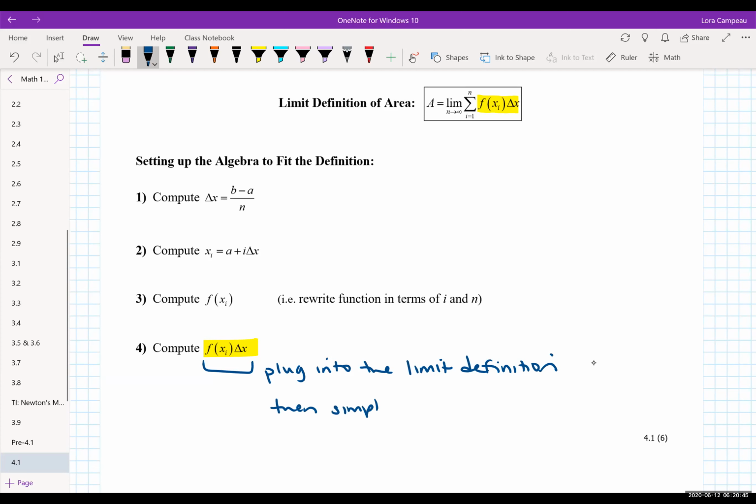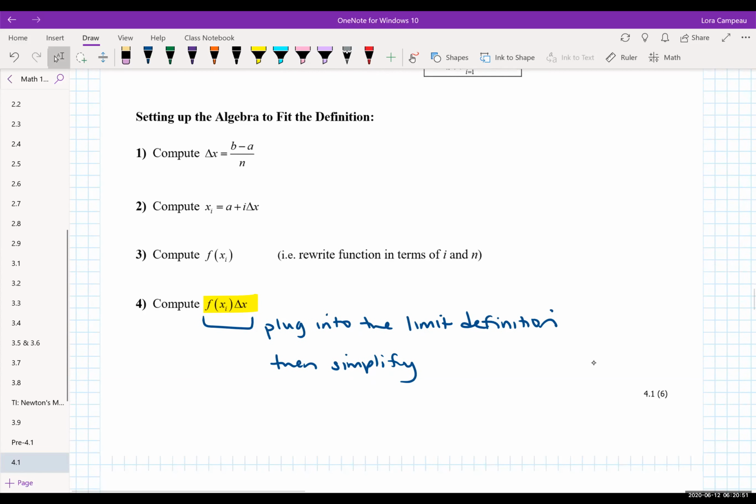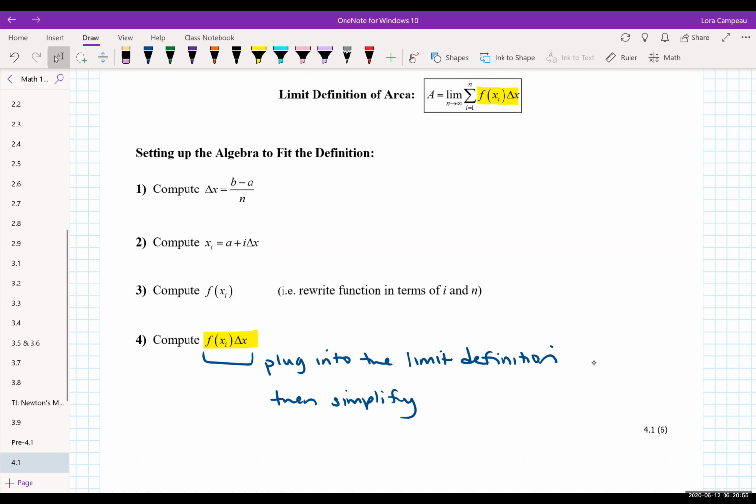And so we're coming full circle from everything we've done since chapter 1 until today. Usually when you're simplifying the limits, well, you see that summation notation right there? Eventually, as far as the simplifying, we end up using some of the formulas for the summation of a constant, the summation of i, the summation of i squared, the summation of i cubed.